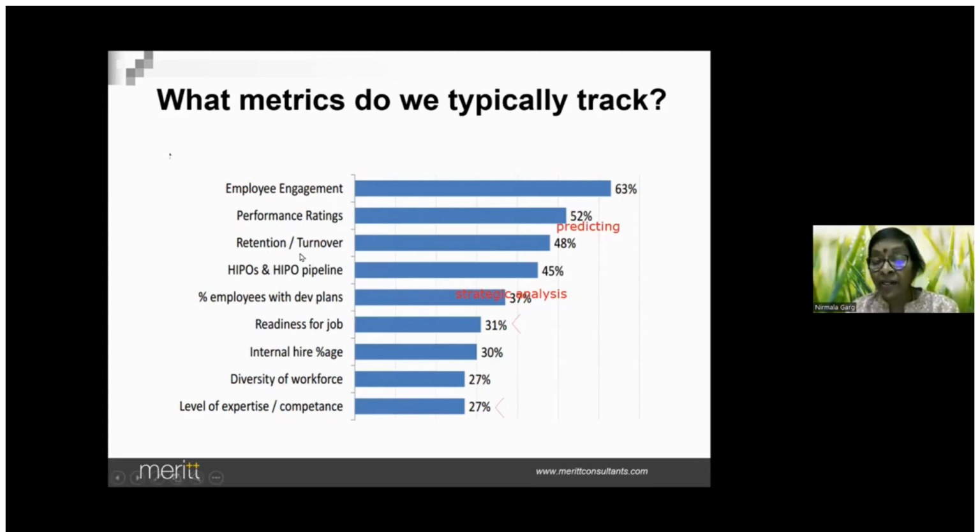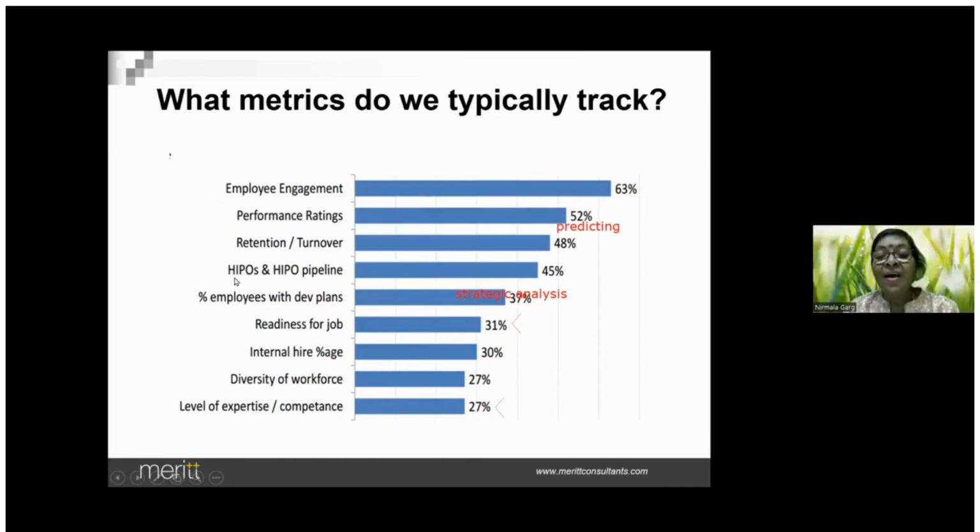So you want to retain at least your high potentials, or HIPOs. And how many employees have developmental plans, people you have given training, or people with readiness for a job. We'll talk about what it is in a moment. HIPO?